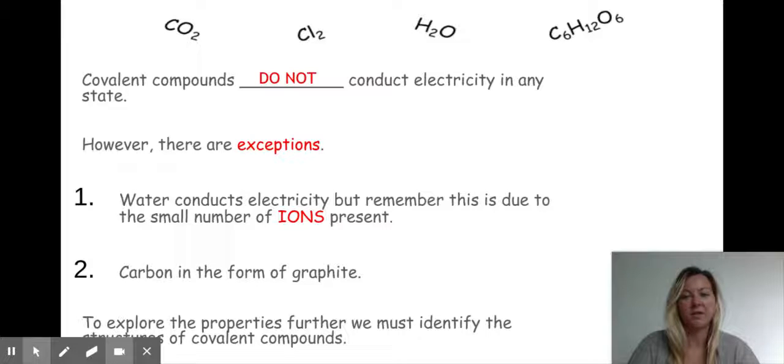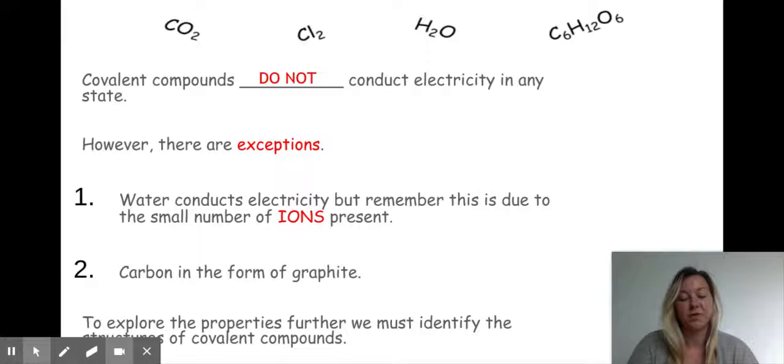You might be thinking, water's up there, it's made of hydrogens and oxygens, which are non-metals. How come water is very dangerous around electricity? You'd be absolutely right to ask that question. But the answer is, water only conducts electricity because of the ions that are present in it.